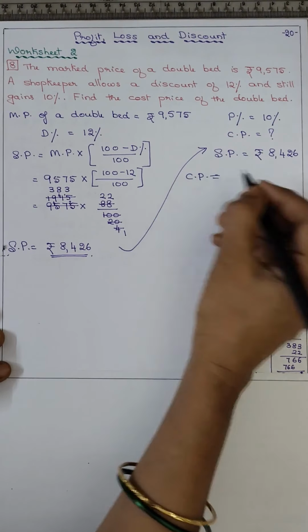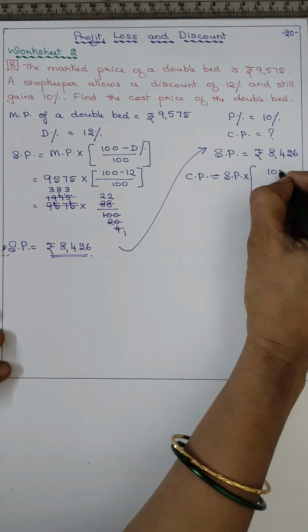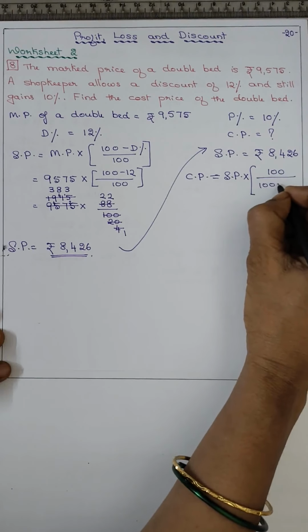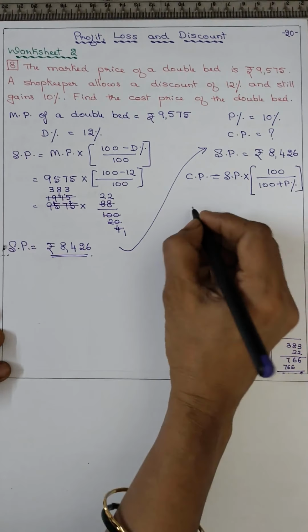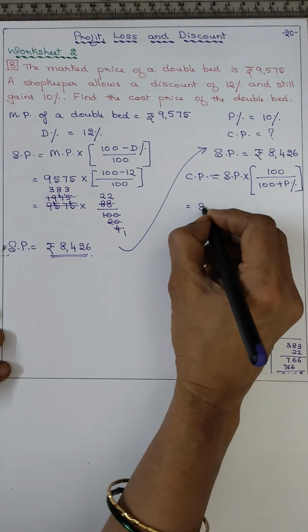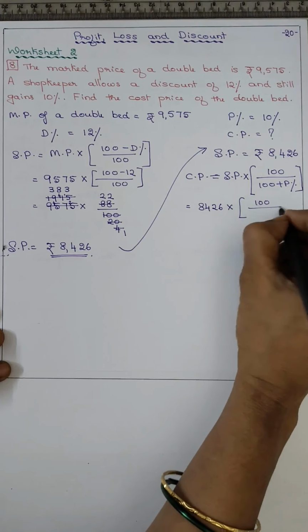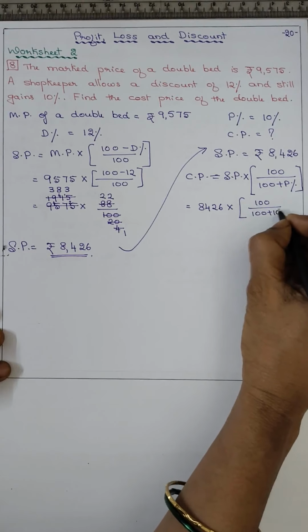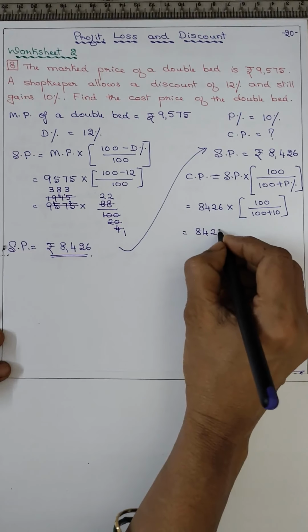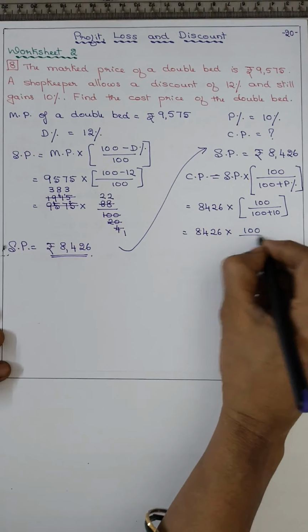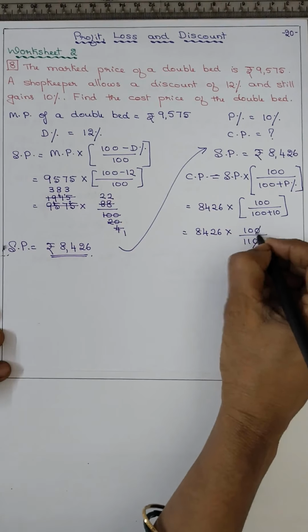Now, find out CP. What is the formula? SP into 100 upon (100 plus profit percent). Yes or no? Now, SP is 8426 into 100 upon (100 plus 10), that is 8426 into 100 upon 110. The zeros cut.